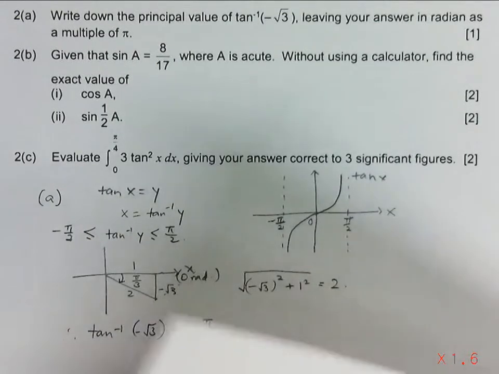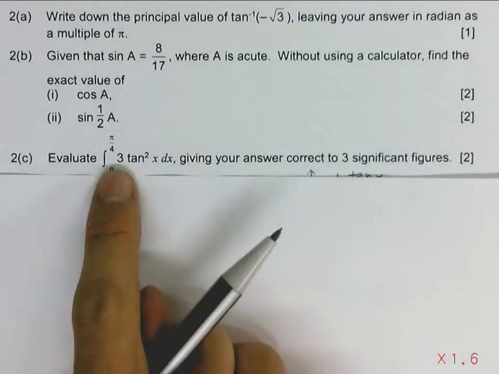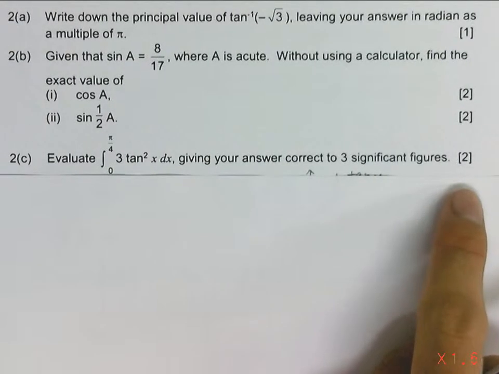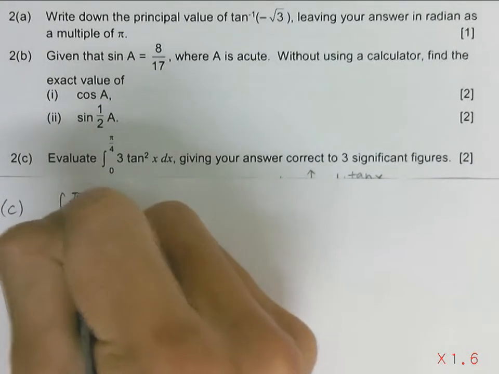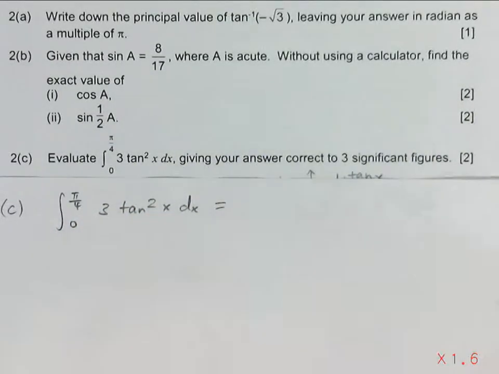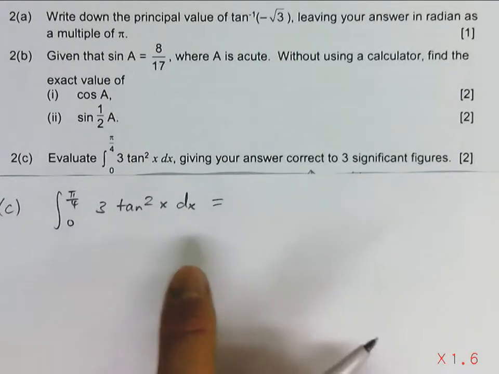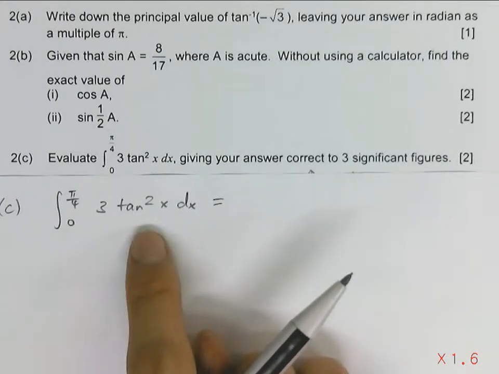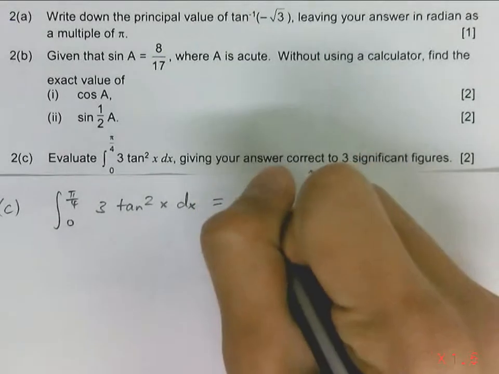Part C, we are told to find this definite integral, evaluating the answer to 3 significant figures. Now we can see that from the formula list, we do not have the direct integral of tangent squared. So we have to use a trigonometry identity, in this case secant squared x.